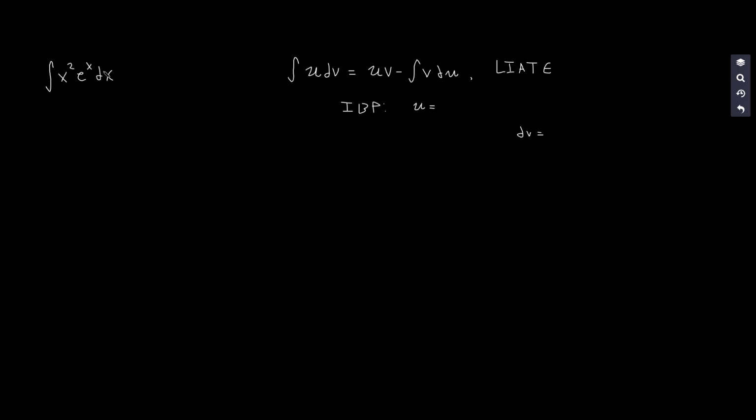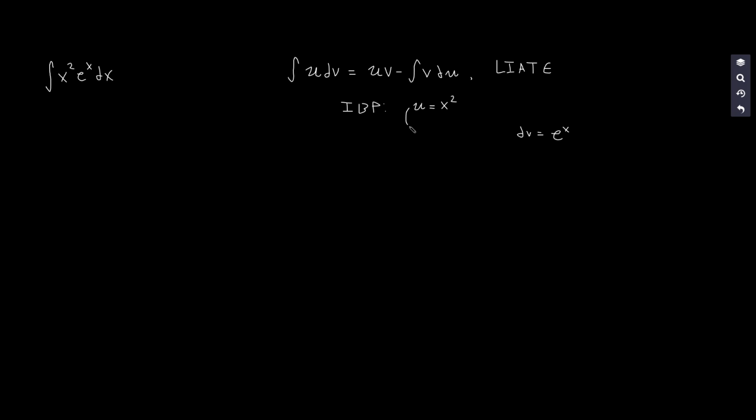That's technically an exponent, but x itself is algebraic. And oftentimes powers of x are a good choice for u anyway, but we know from LIATE that it takes precedence over the exponential regardless. So we're going to have x raised to the power of 2 for u, and then for dv, we're going to have e raised to the power of x.